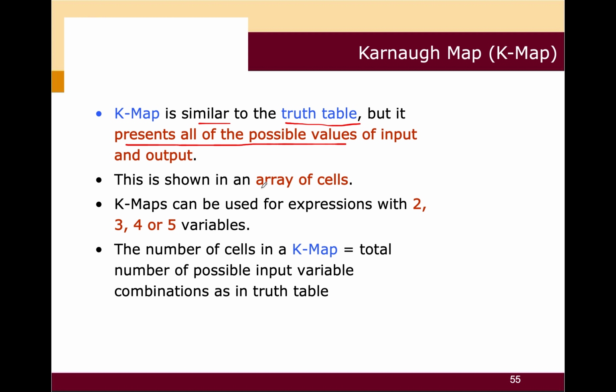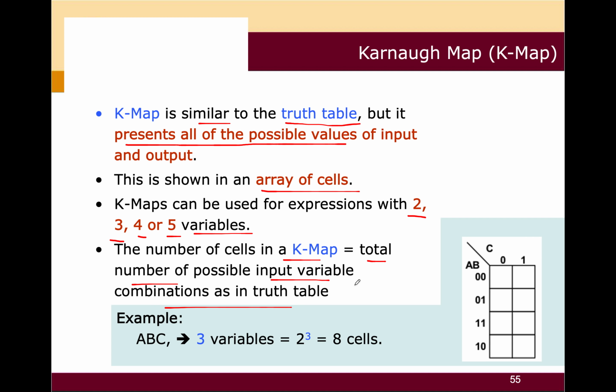So this is shown in an array of cells. So KMAP can be used to express 2, 3, 4, or 5 variables. The number of cells in a KMAP is equal to the total possible number of input variable combinations in a truth table.